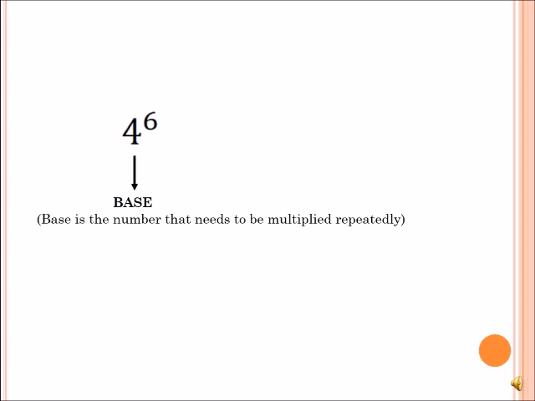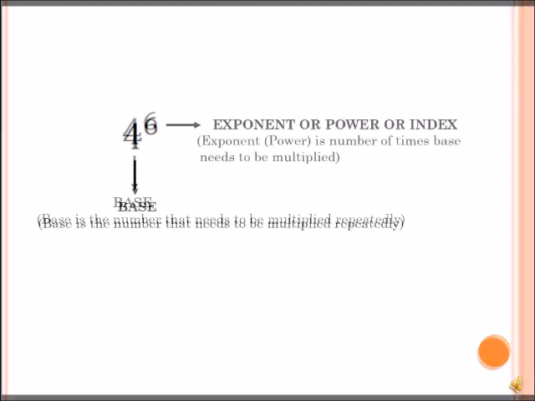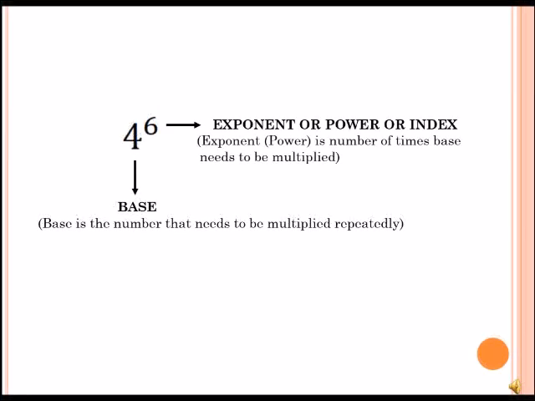Base is the number that needs to be multiplied repeatedly. And 6 is called the exponent. It is also called power or index. Exponent or power is the number of times the base needs to be multiplied.